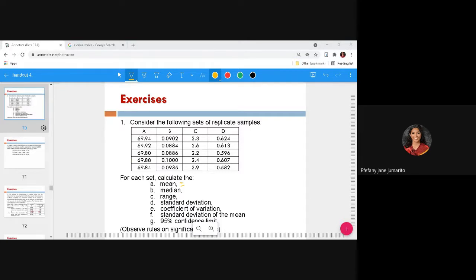In set C, find the mean and the median. Francis. Now what about here? Mariella, what is the mean and median of set A?